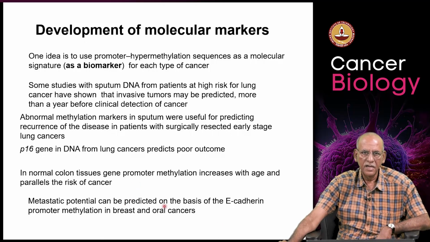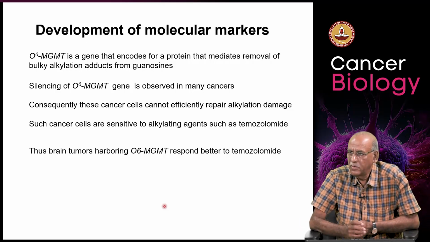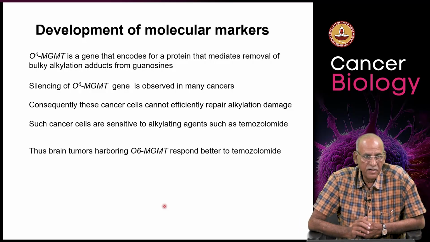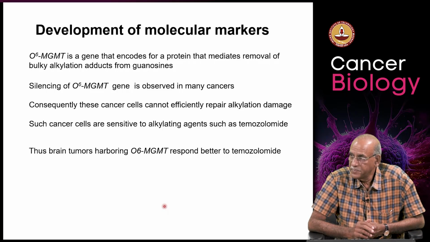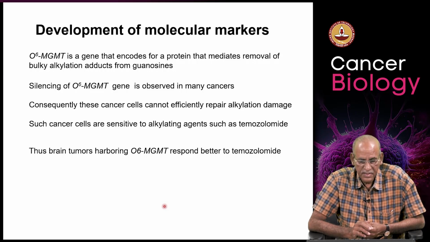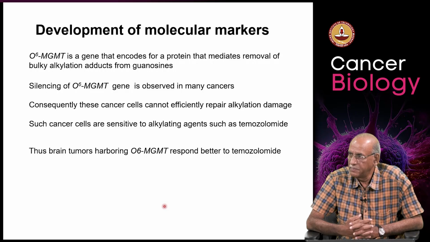One more example, you remember I told you guanosine also can be methylated, right? O6 methylguanine methyltransferase is an enzyme, a gene that encodes for a protein that mediates removal of bulky alkylation adducts from guanosines. So, this is one simple example.